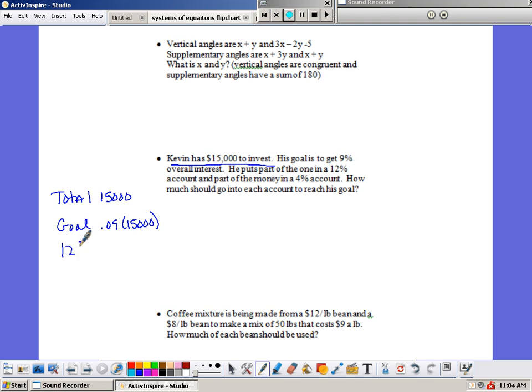There's a 12% account, which I'm going to call X, and there's a 4% account, which I'm going to call Y. He has a total of 15,000 he's putting in two accounts, so X plus Y is going to equal 15,000. There are his two accounts. He has a 12% account and a 4% account, and his goal is to get 9% of 15,000.